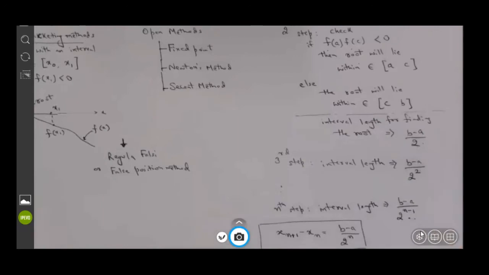Professor, for the n step, is it going to be the n interval length, right? Yeah. So, sorry, I think your voice has got disconnected. Can you ask again, please, your question?